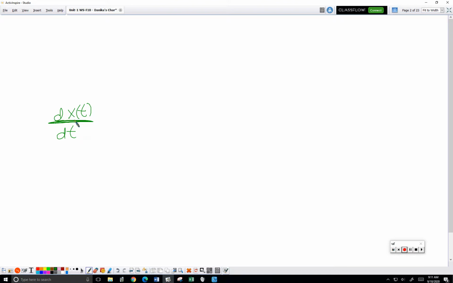I'm comparing how different are two positions as opposed to those two times that correspond to those two positions. And it really is division. It's really this difference divided by this difference. And that entire operation is known as a derivative. So the D isn't derivative, the D is infinitesimal difference. The entire division, that's a derivative.